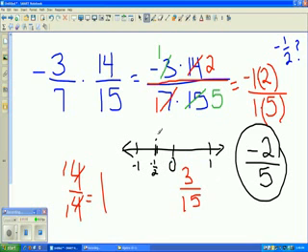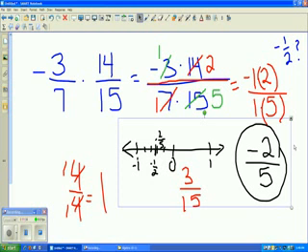Probably right about there, negative 2/5. And if you don't believe me, you can split this into fifths: negative 1, negative 2, negative 3, negative 4. This would be negative 5/5. So here we have negative 2/5. It's a little bit bigger than negative 1/2. So that is a reasonable answer, and we can feel pretty confident that it indeed is the right answer.